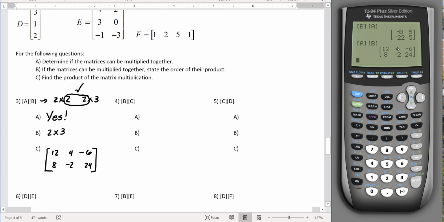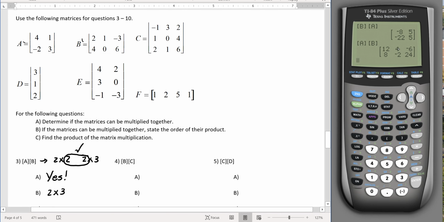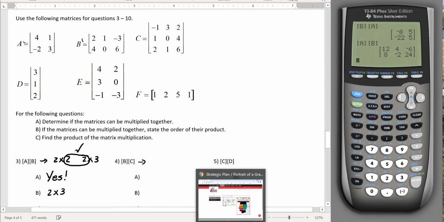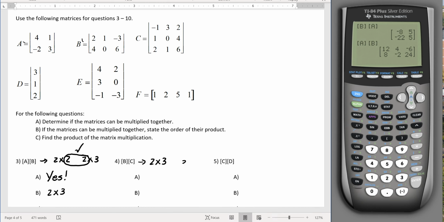Let's do number 4, B times C. B times C is a 2 by 3 being multiplied by a 3 by 3. Are these middle numbers the same? Yes, they are. Awesome. So yes, we can multiply it, and it will become a 2 by 3 matrix. Let's do it.